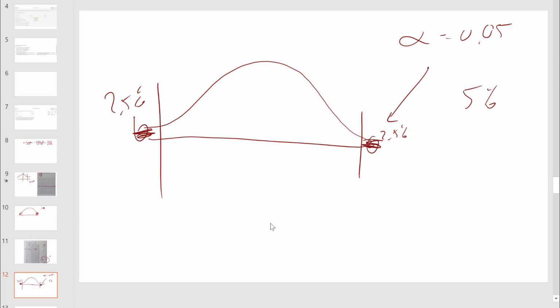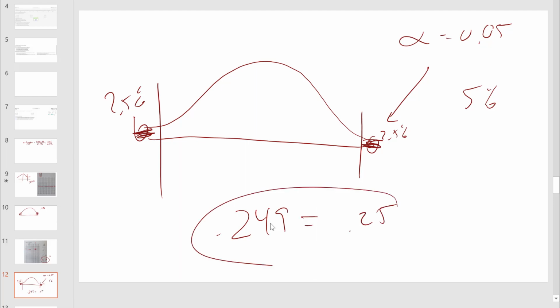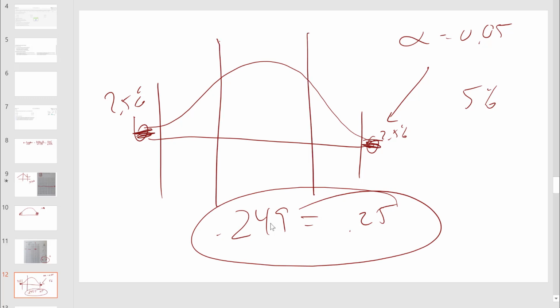Okay, when we did our work, we got this number, so almost 25%. So really what's happening here for our statistical data that we did for our little sample is we had this much. Notice our values were not, here's 25% of the data right here. Maybe a little further out, but anyways, there it is. So our values are not in the rejection region.